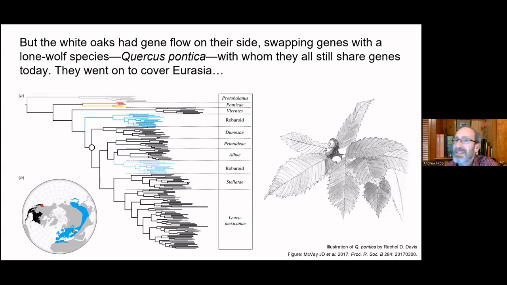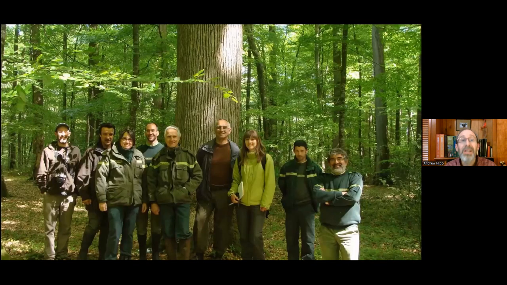It's an upland species. These mostly don't preserve well. But they exchanged genes with Quercus pontica. And all these pre-adapted genes of Quercus pontica are found in the Eurasian white oaks today and may have been key to their success.